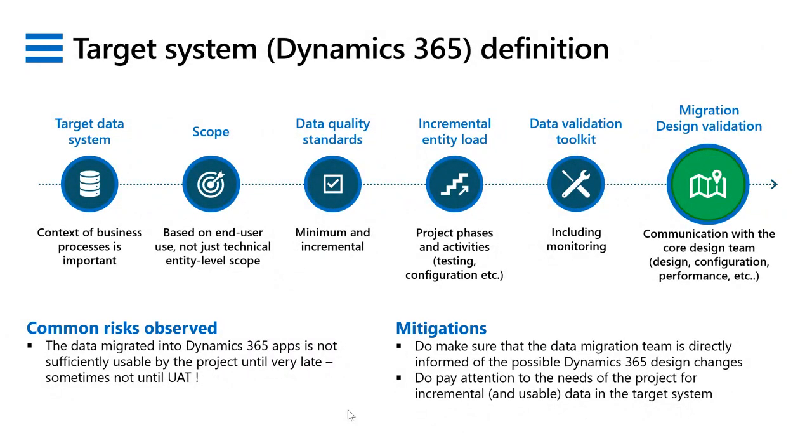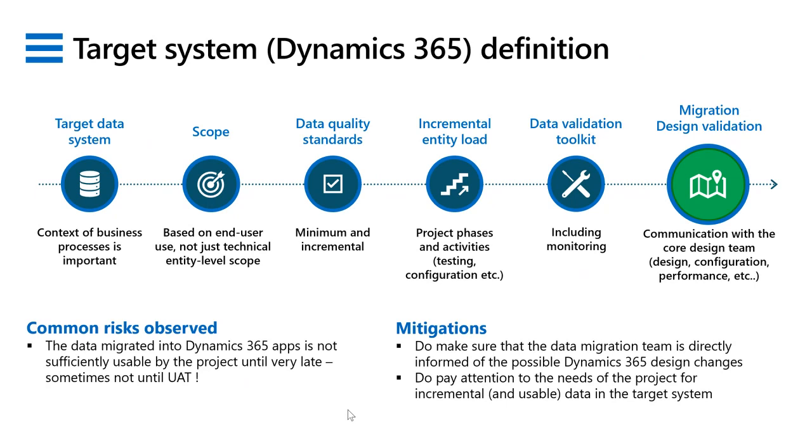So next we're going to talk about the target system, and for this purpose we're going to talk about Dynamics 365 apps in particular. One of the most common risks we see is that the data that's migrated into Dynamics 365 is often not sufficiently usable by the project until very late, sometimes even as late as user acceptance testing.